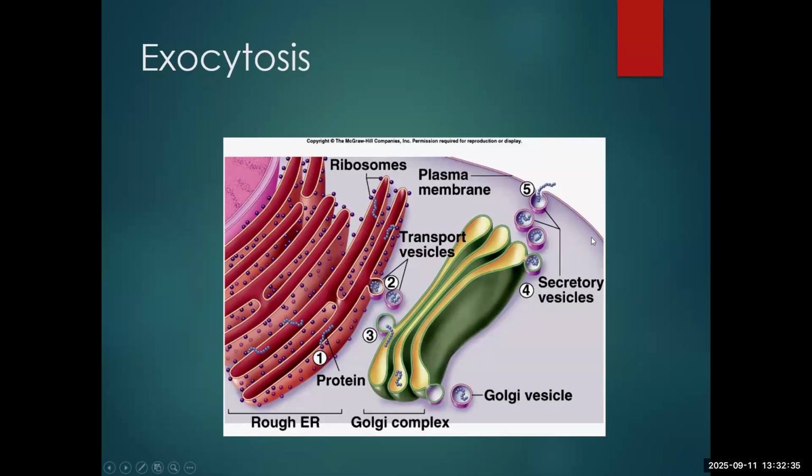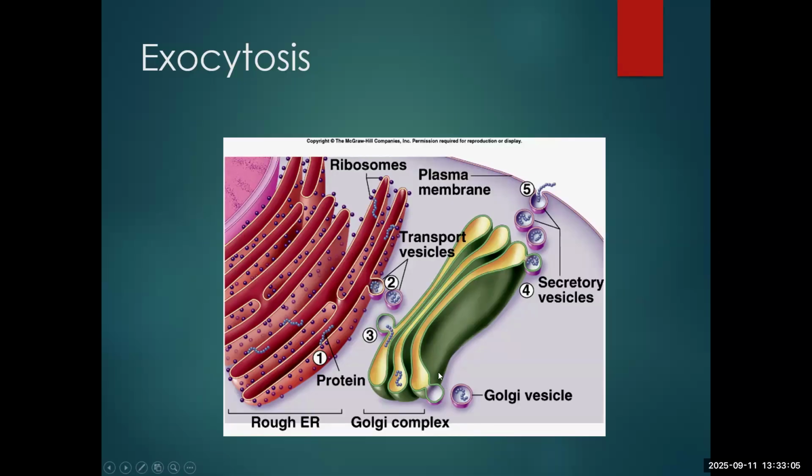This is only one portion of the cell again. You're looking at a little peek of the nucleus here in the middle. You're looking at an organelle called the endoplasmic reticulum here. And then you're looking at this stack of pita bread type situation, which is in green. That is the organelle called the Golgi complex or Golgi apparatus.